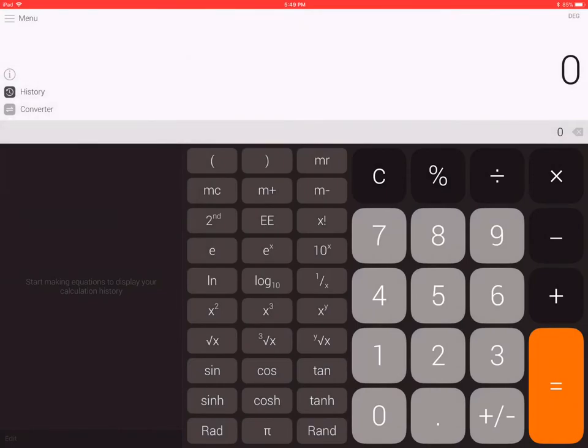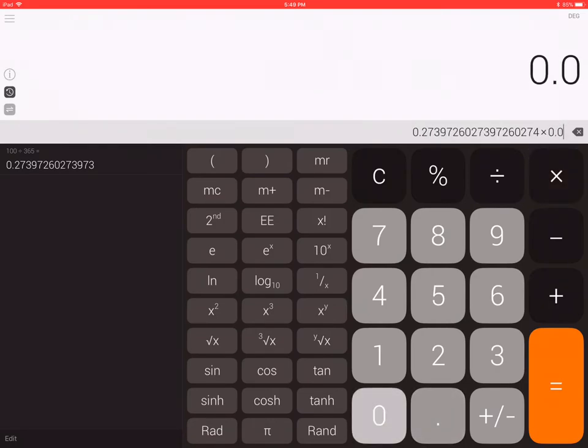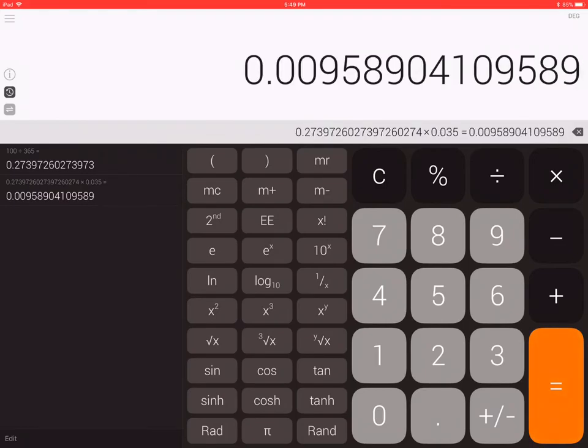So we said it was 100 divided by 365. So there's our decimal value, okay? That is going to be multiplied by 0.035, okay?